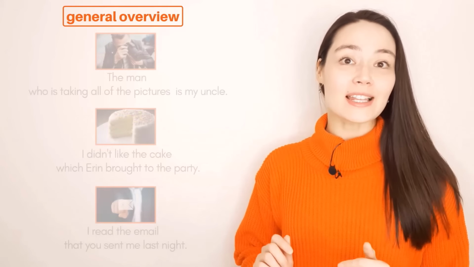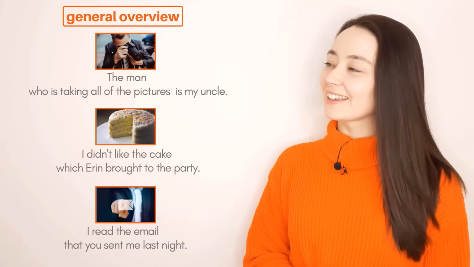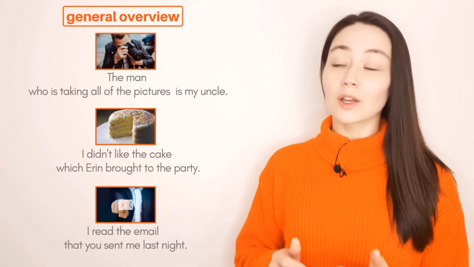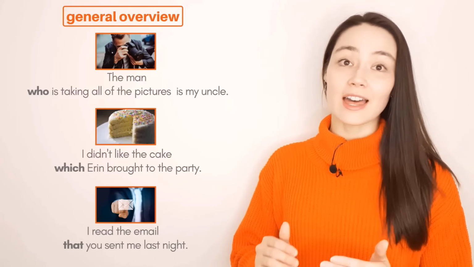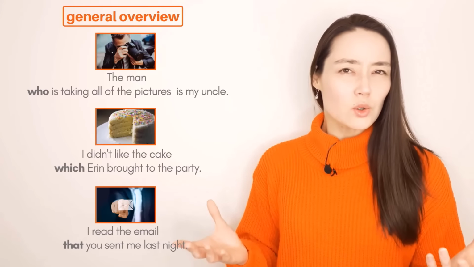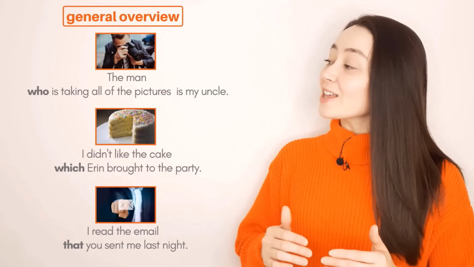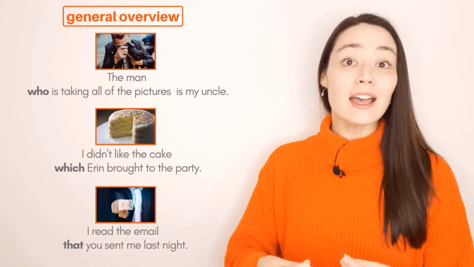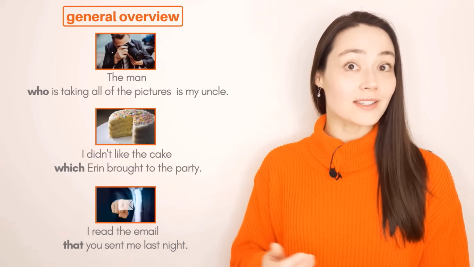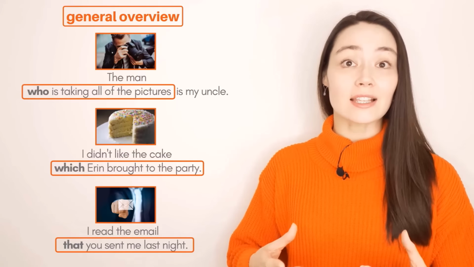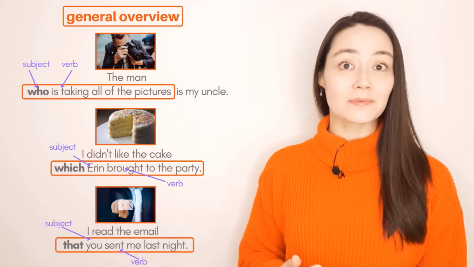I have 3 sentences. Each sentence has a relative pronoun: who, which, that. What about whose and whom? Don't worry, we'll get to that later. The relative pronoun is the head of the relative clause. Each relative clause has a subject and a verb.